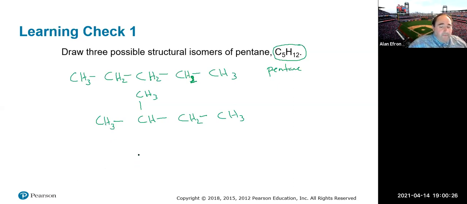Maybe I don't go 4 in a row, but I only go 3 in a row and throw a carbon up on top and maybe a carbon up on the bottom. And again, filling in my hydrogens. I would need 3 on all my outside ones. The guy in the center does not need any hydrogens. It has 1, 2, 3, 4.